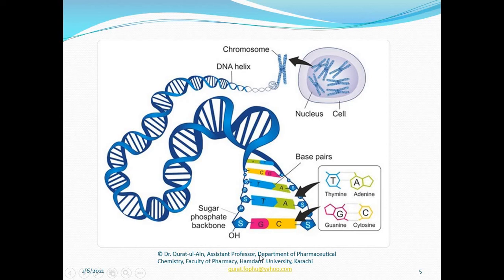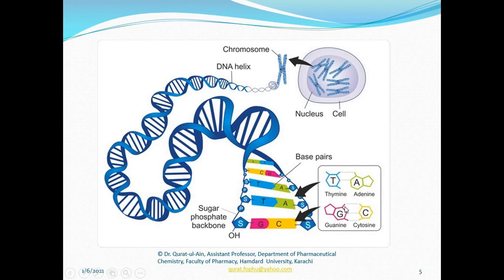One more thing we have to keep in mind is that when the double strands twist on each other, the nucleotides make hydrogen bonds with each other across from each other.